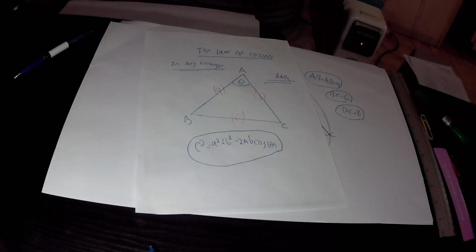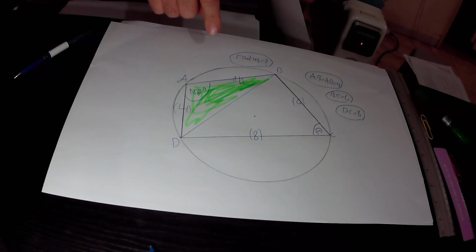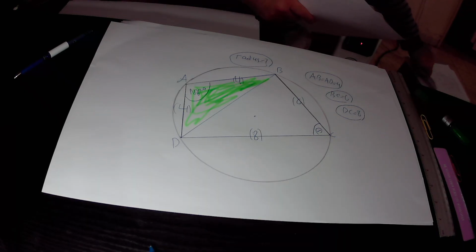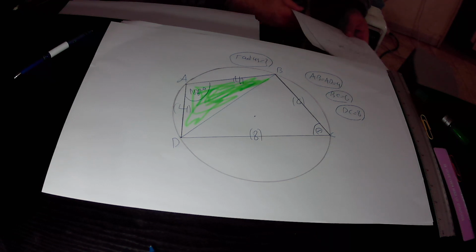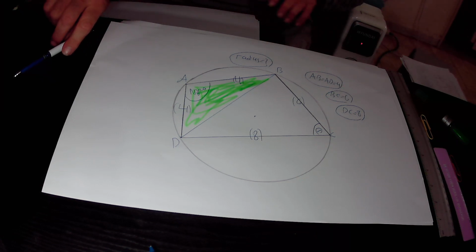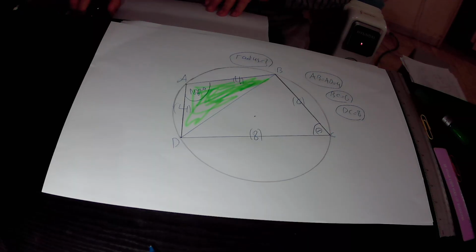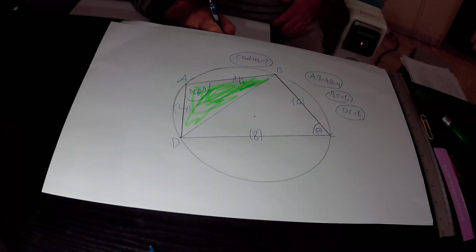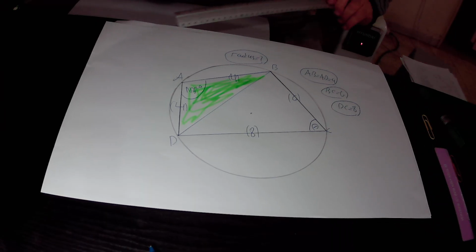So we can actually implement the law of cosines in this green triangle, triangle ABD. So in this green triangle, triangle ABD, according to the law of cosines, the following equation is true.